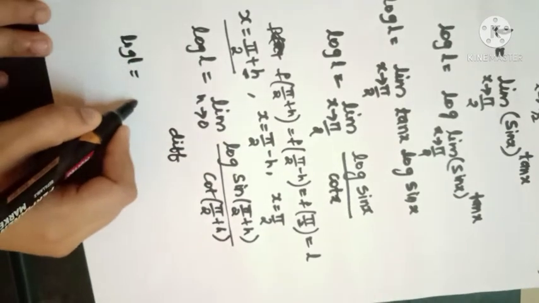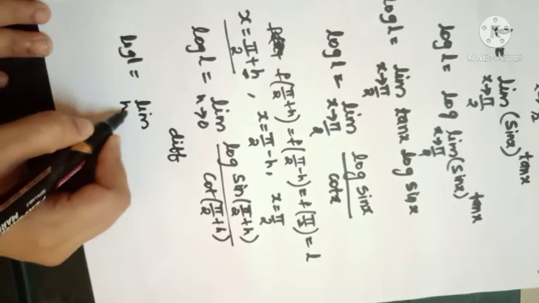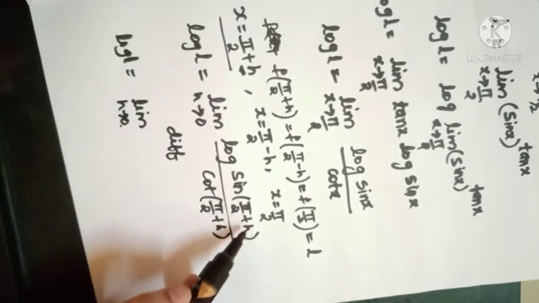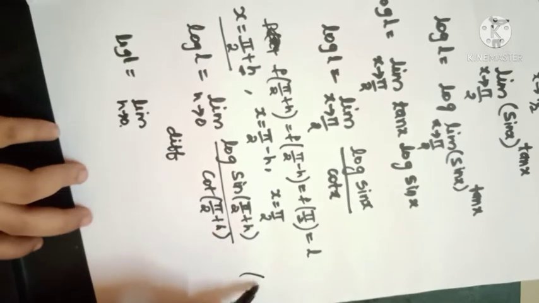If you apply the limit here, we get a 0 by 0 indeterminate form.